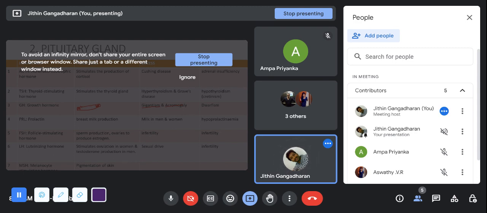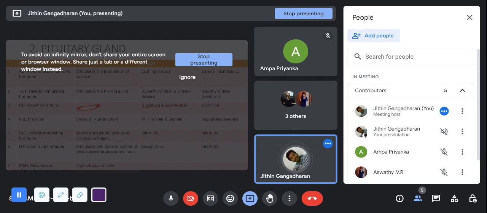Now, what happens if excessive prolactin is produced? In men as well as in women, it leads to milk production. And a deficiency leads to a hypoprolactinemia condition, whereby the feeding mother won't be able to produce the normal level of breast milk.